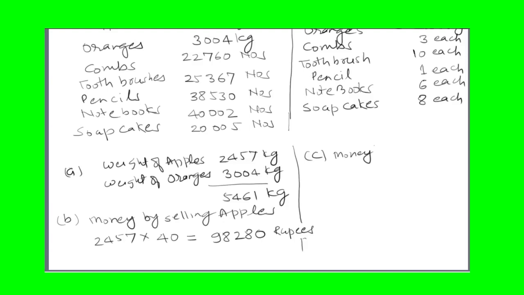The quantity sold of oranges is 3,004 kg and the rate given is 30. This comes out to be 90,120 rupees.